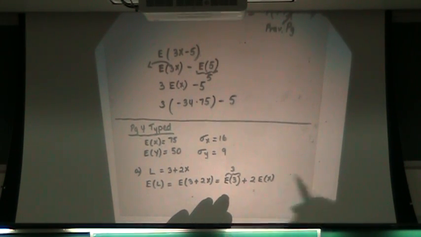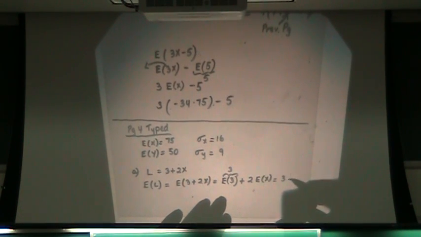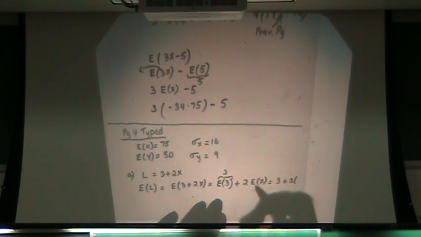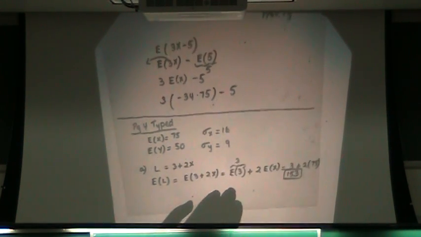I pulled out the 2. So my answer is 3 plus 2 times E of x, which is 75. So my answer is 153. That's E of L.